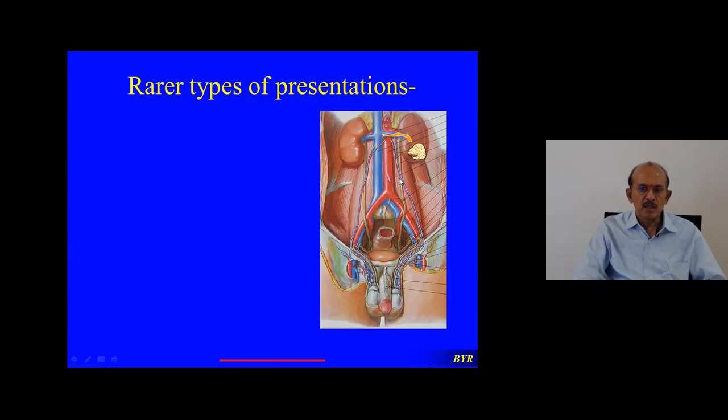The testicular vein ascends up and joins the left renal vein. On the right side, the testicular vein joins the inferior vena cava, but on the left side, the testicular vein joins the left renal vein.